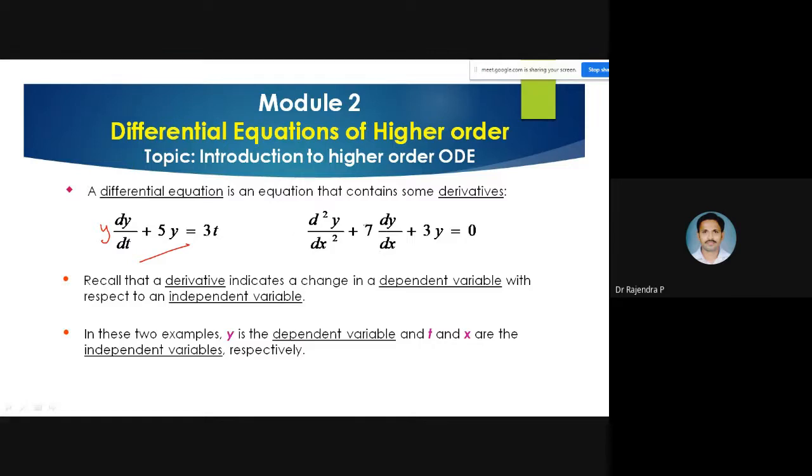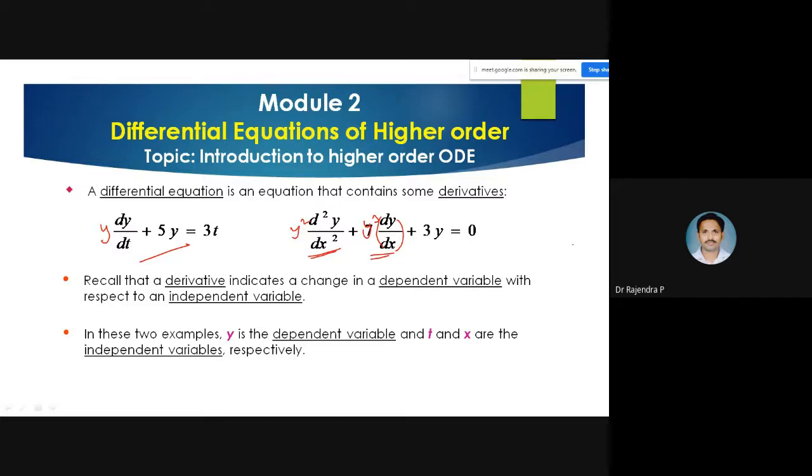Suppose in place of 7, I have some y cube, and in place of d square y by dx square, I may have some y square. So whatever derivatives are involved in your differential equation, those derivatives should not be multiplied with the dependent variable y. That is also one more condition.